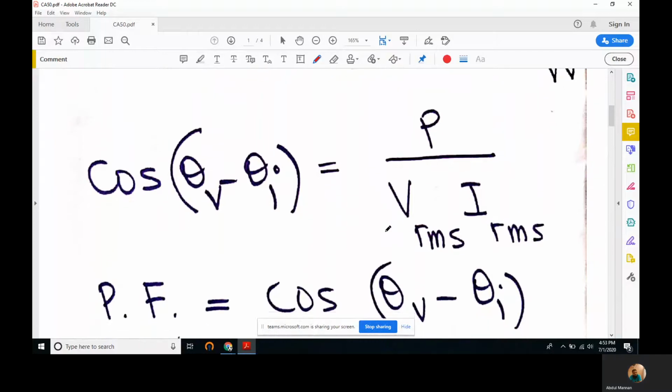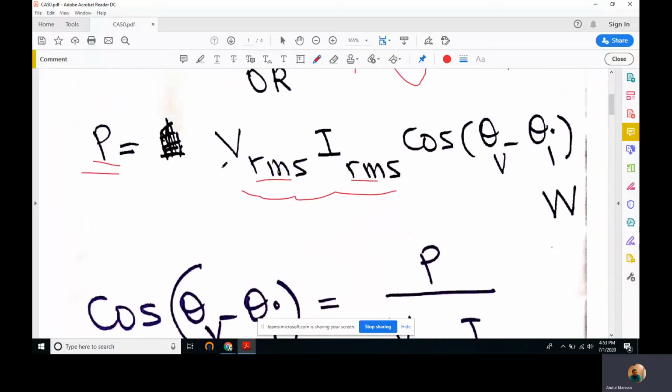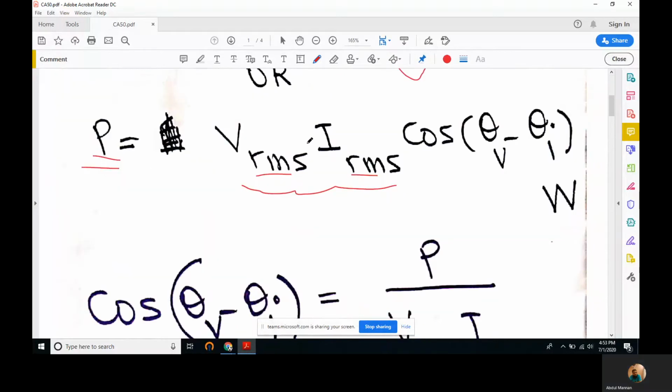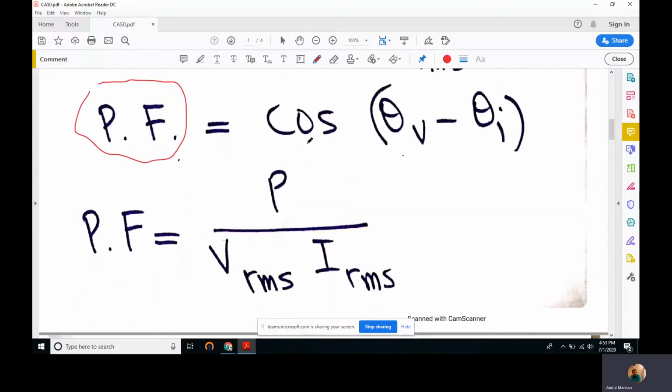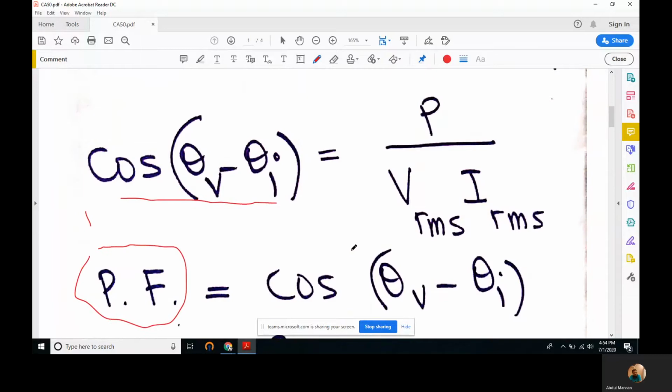Now we define this term, cosine of the angle between voltage and current, as power factor, PF. Power factor is P over V RMS times I RMS. This term is the power factor.